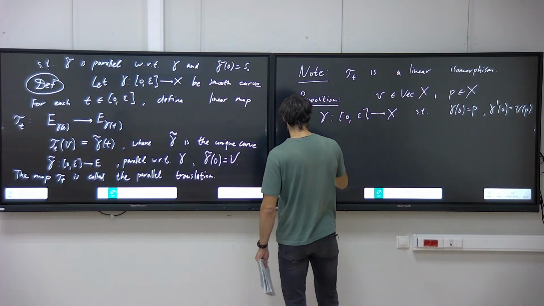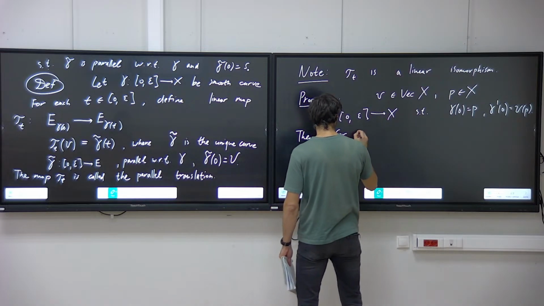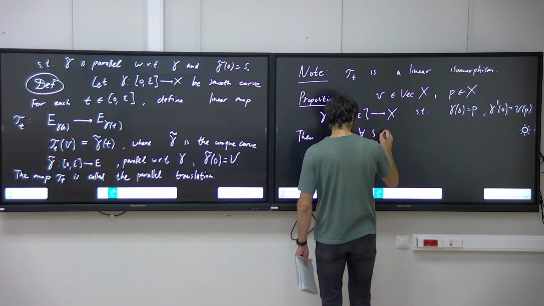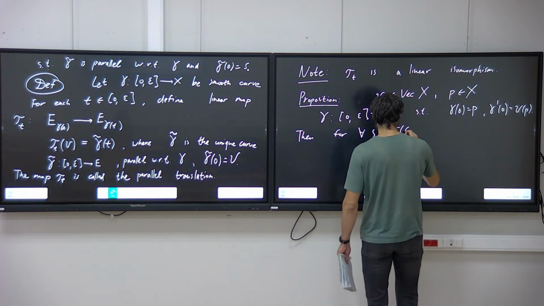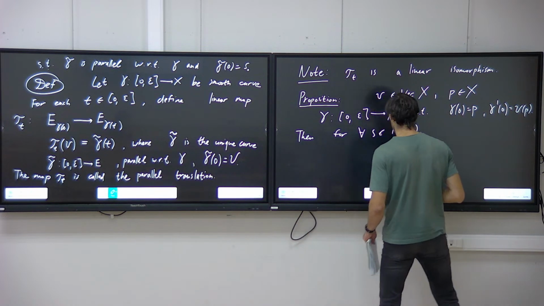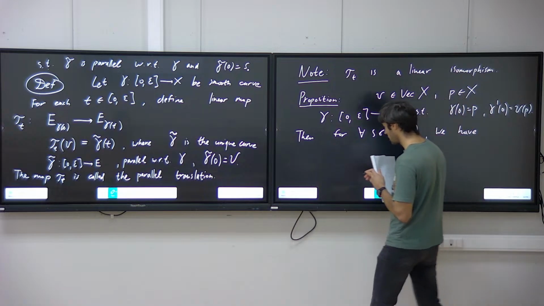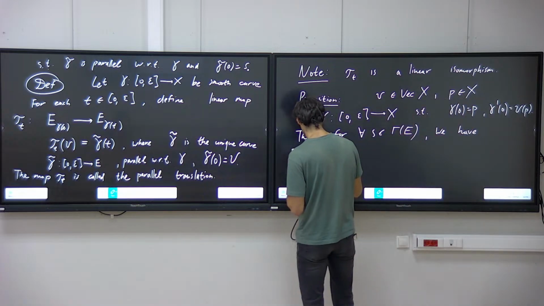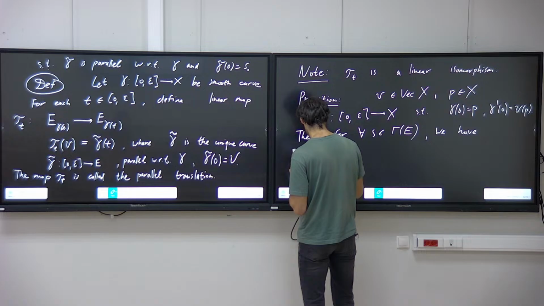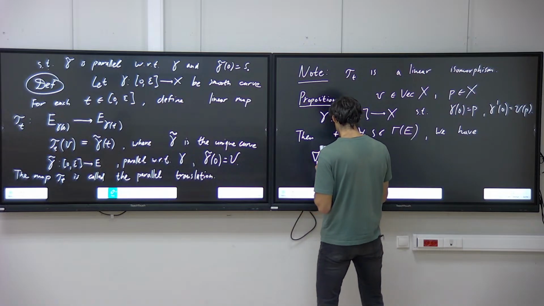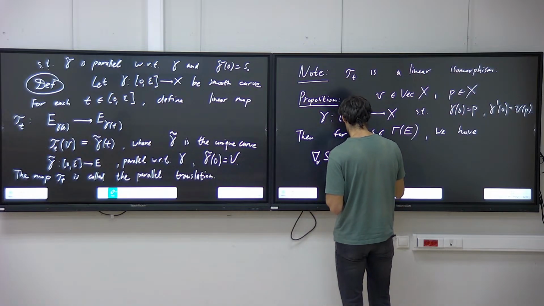Then I claim that for any section S on E, we have the following formula. The covariant derivative with respect to V of S is the same as computing this limit.